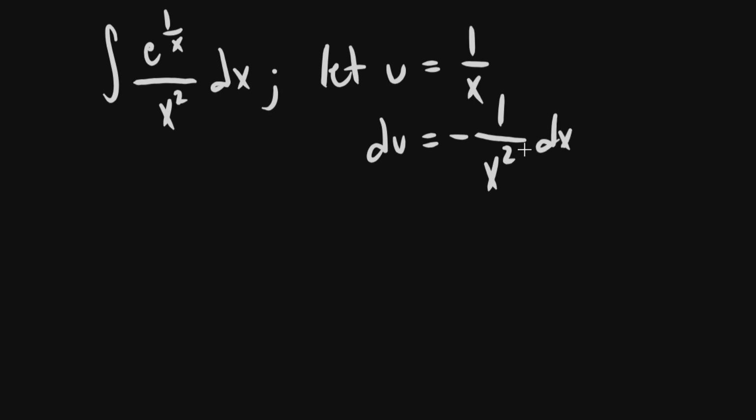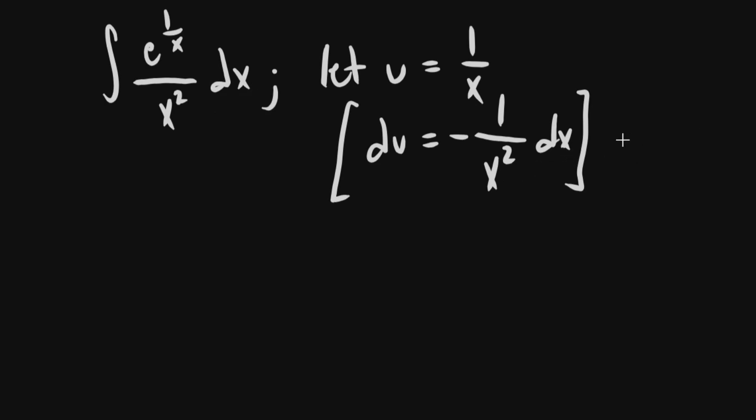And since we already have the dx here, we should put the other variables on the other side, so that we only have dx here.